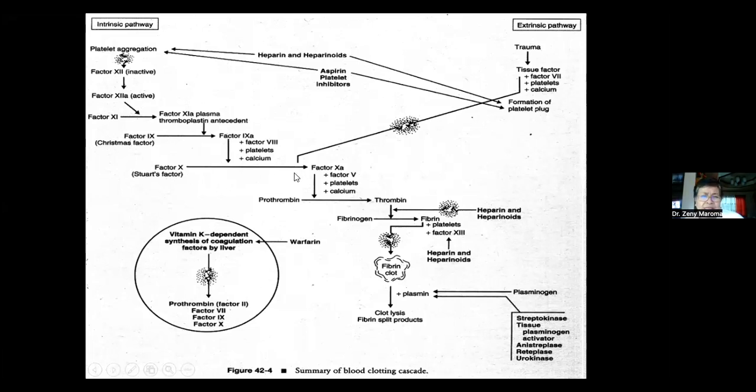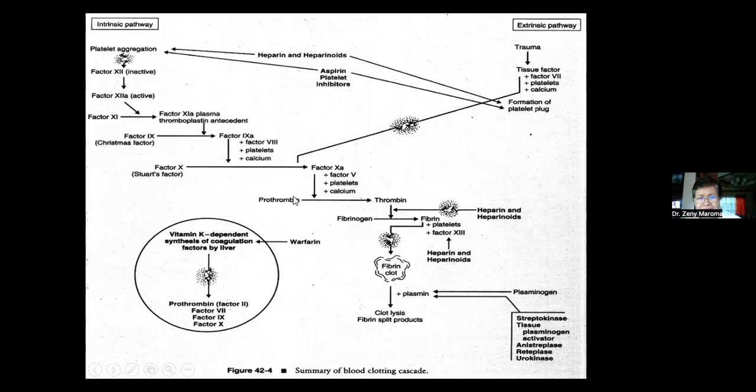We need factor 10 to convert prothrombin to thrombin, and thrombin will convert fibrinogen to fibrin. So we will have blood clotting. What clotting factors are needed? Factor 12, 11, 9, 10, factor 2.